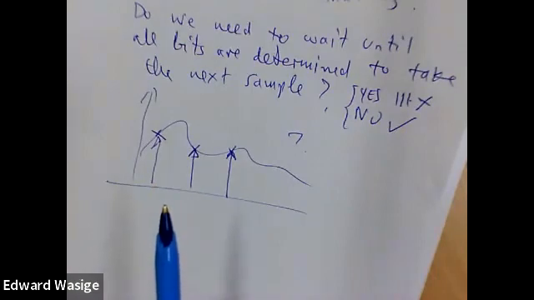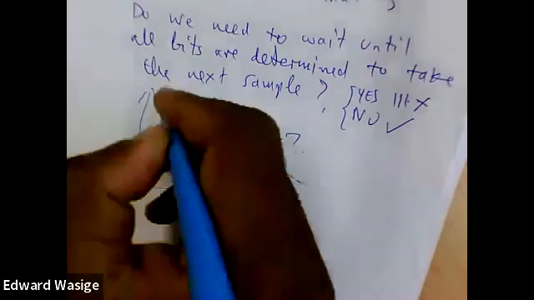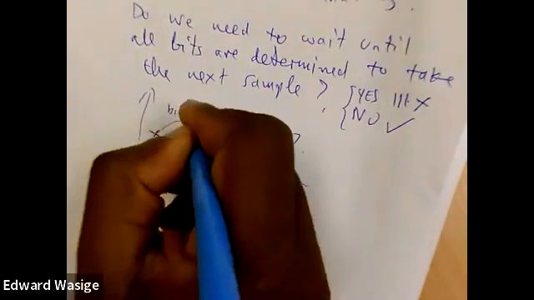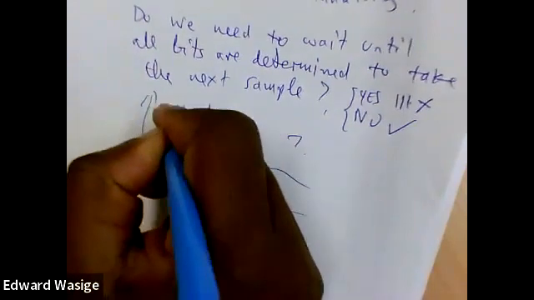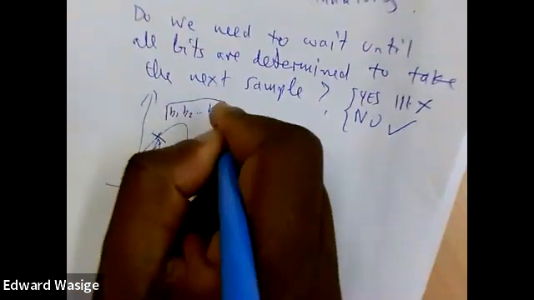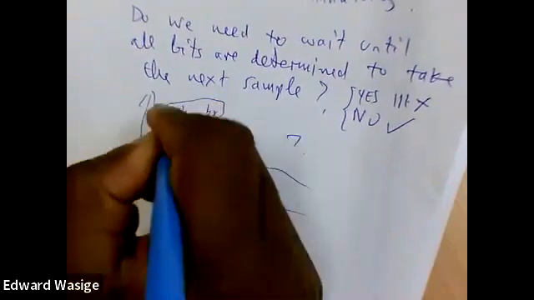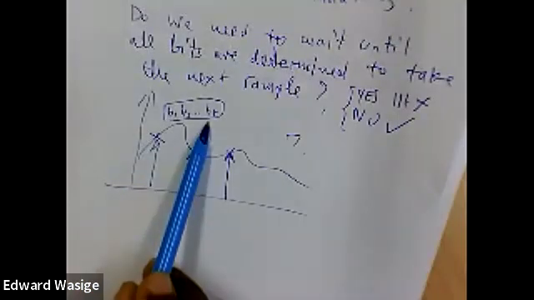Yes, Maran, you are right. So for sample 1, we determine B1, B2 to B8. We store them somewhere. Once we determine bit 1, we don't need to wait until we've done all of them.